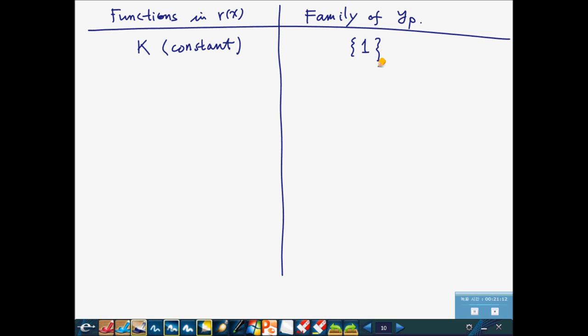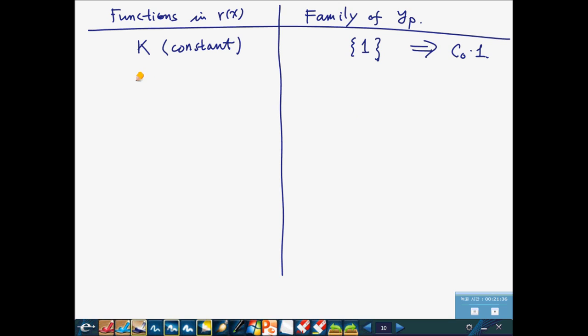This is a primitive form. Eventually, this one turns into C 0 times 1, to make it the most general case. But it's a primitive form because we cannot go right away here, we need some more consideration. I'll explain that later.